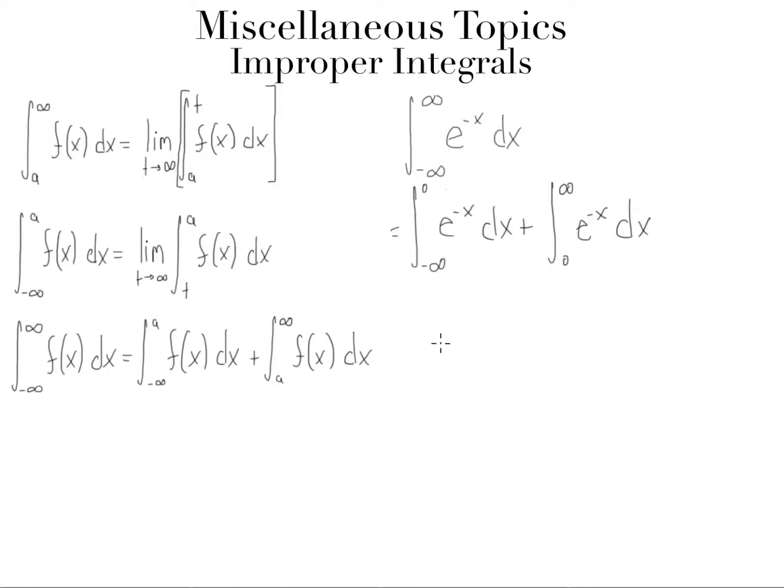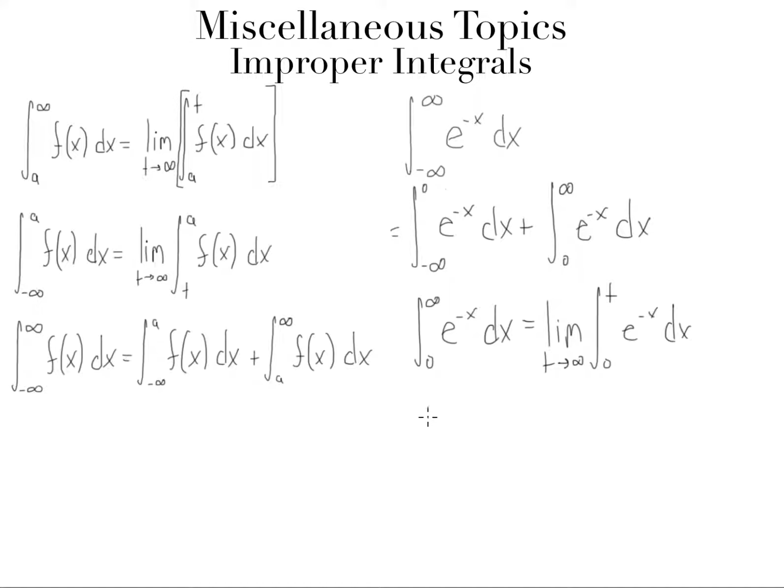So first, let's see the integral from 0 to infinity of e to the minus x dx. Here, all we have to do is perform this integration as if it were the limit as t goes to infinity of the integral from 0 to t of e to the minus x dx.